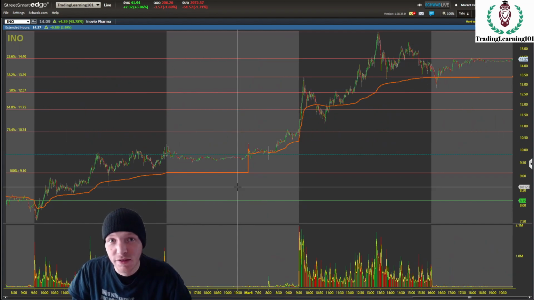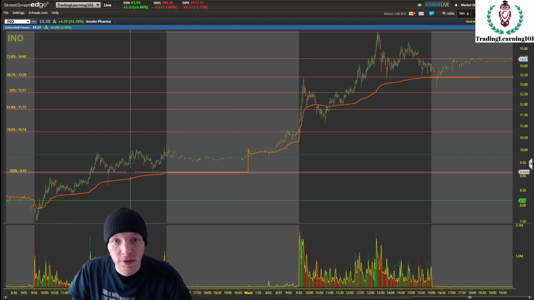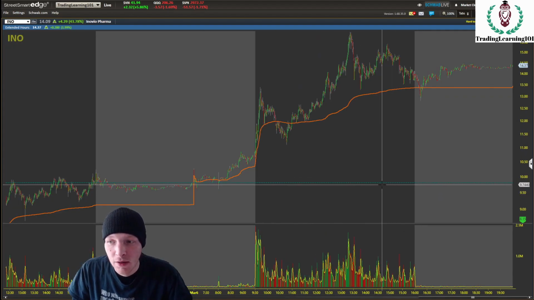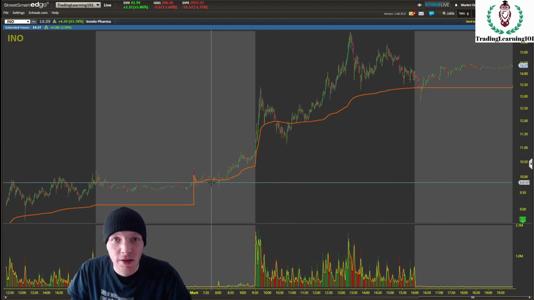So going back to Fibonacci retracements, you can go from valley lows up to swing highs. Like I said, there's a few ways you can use Fibonacci retracements. And what I like to do, if a stock's gapping up pre-market before the trading day even begins, this blue dotted line right here is the previous day's close.